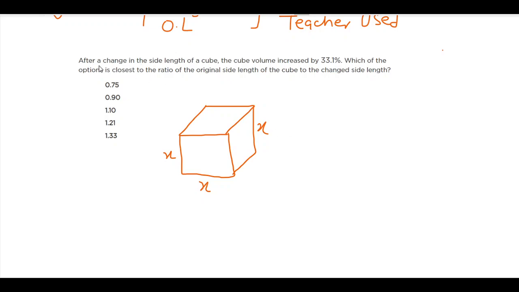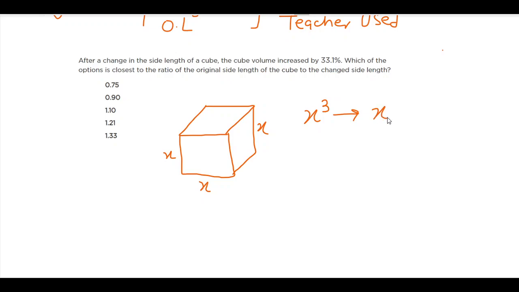So after changing the side length, the cube volume increased by 33%. So initially the volume was x cubed, but after a certain change, the new volume is increased by 33.1%. So what's this going to be?